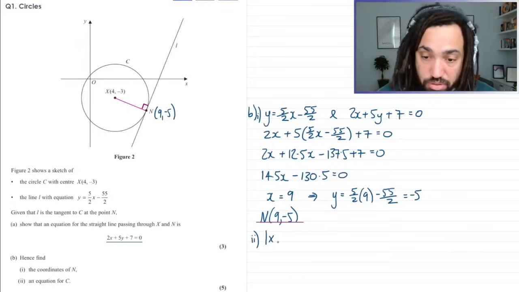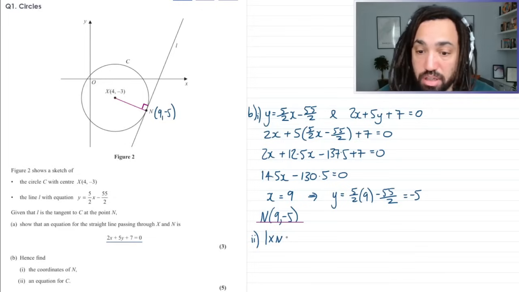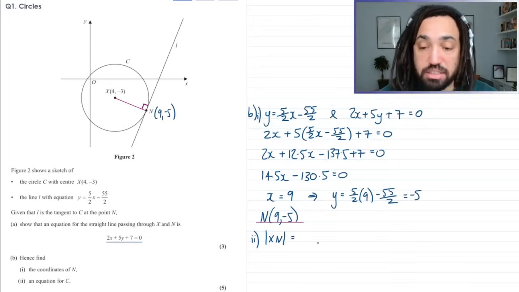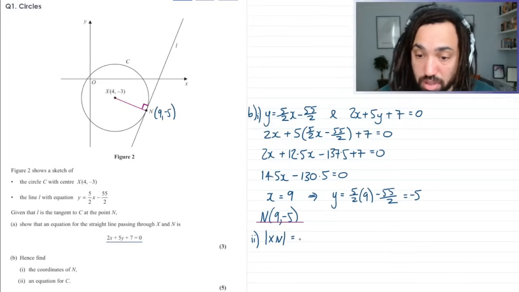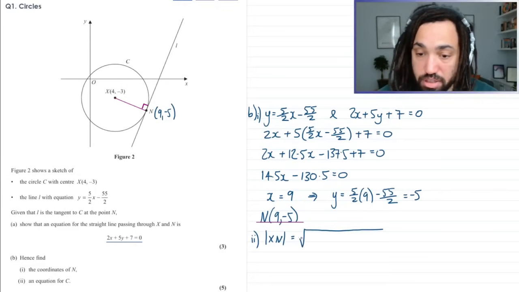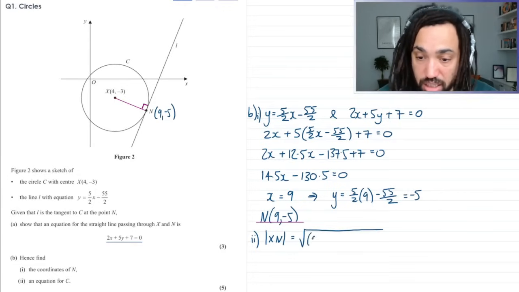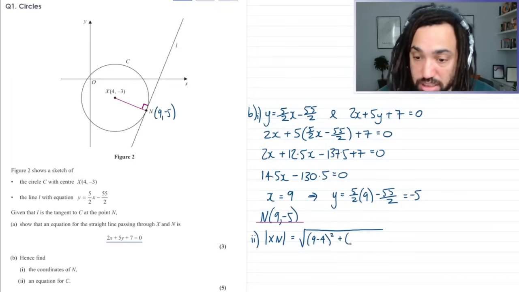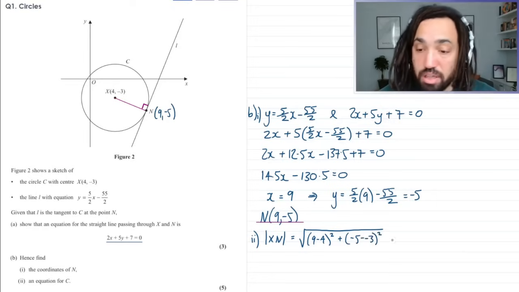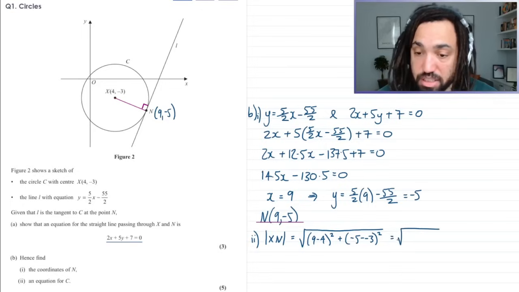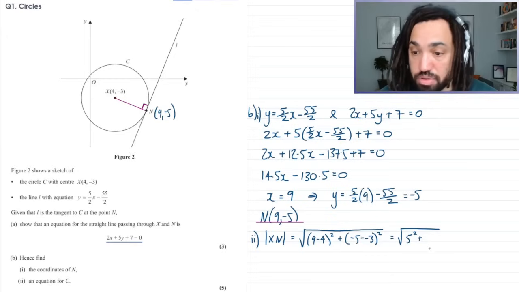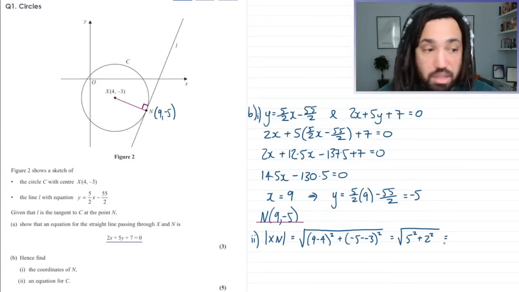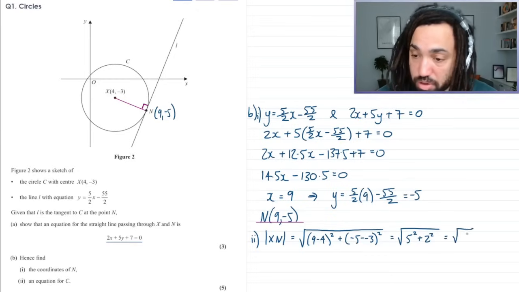So the magnitude of XN, so the distance from X to N essentially, is equal to the square root of the change in the x's, which is 9 minus 4 squared, plus the change in the y's, which is minus 5 minus 3 squared. So simplifying this, this is 5 squared plus 2 squared, which is equal to the square root of 29.